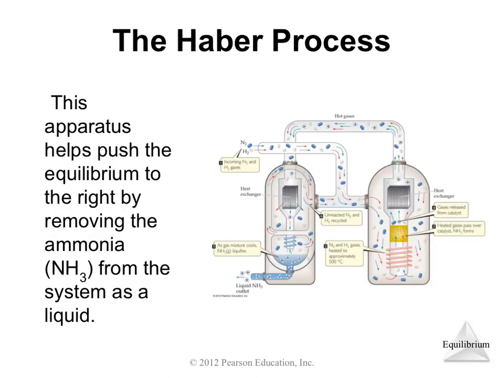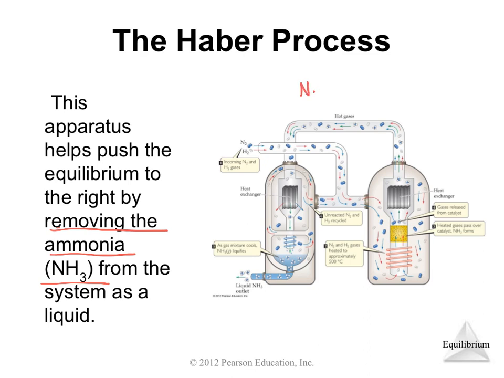Okay. So when they do the Haber process, when they're making this ammonia, they use this apparatus here that helps to push that equilibrium to the right. And one of the ways that it does it is by actually removing ammonia from the system.